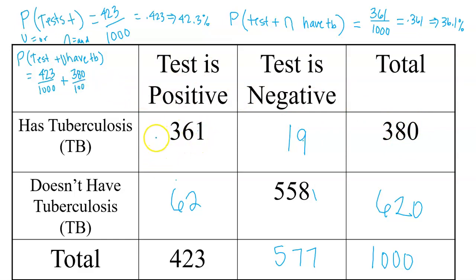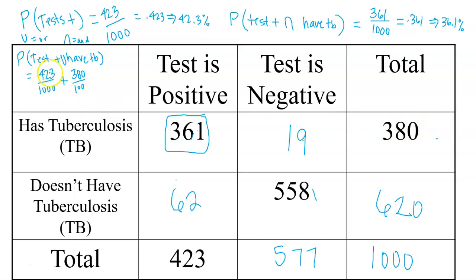But now think about this. If we have just added up all the people who test positive, which is 423, that adds 361 to 62, right? And we have also added in all the people who have tuberculosis, so that's 361 plus 19 to get the 380. That means these 361 people got added to both of those totals, right? They got added in as a person who tests positive, but then they also got added in again as people who have tuberculosis.